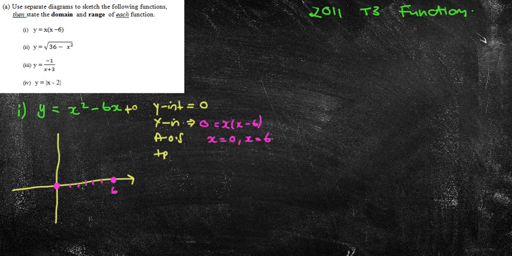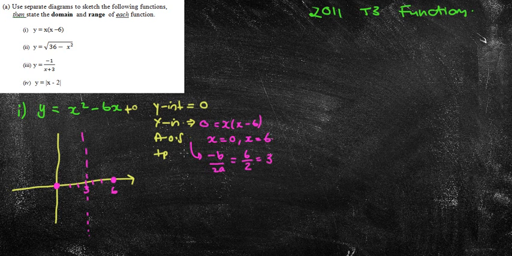And clearly that means that the axis of symmetry is at x equals 3, because that's halfway between 6 and 0. If you're not sure of that, we can use negative b over 2a, which in this case would be negative 6 over 2 times 1, which is 2, which equals positive 3 anyway.